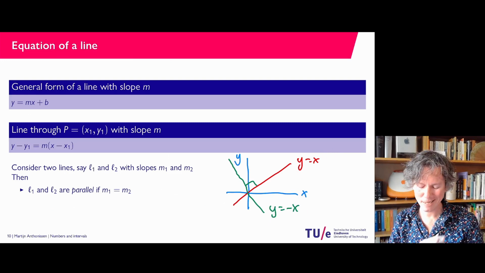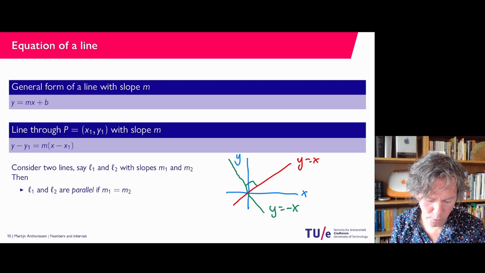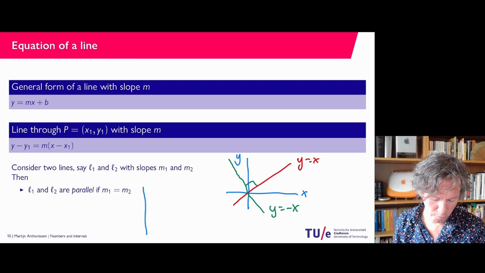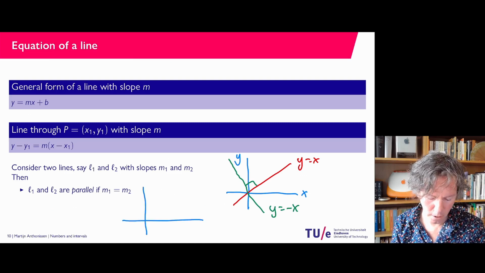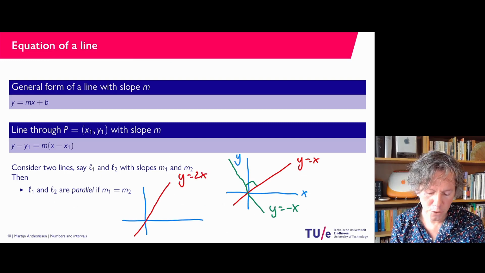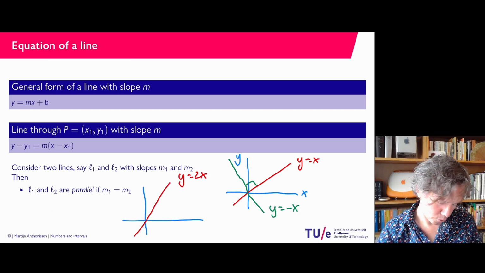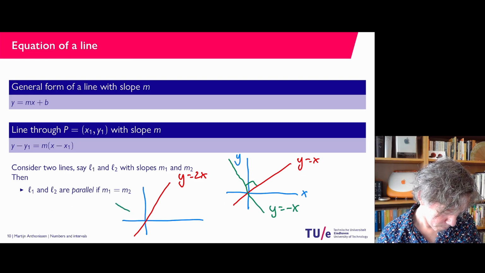That is not true, because if we look at the example, it's always easy to have simple examples. So if we look at the line, say that this is the line y equals 2x, then you see that the line that is perpendicular to that starts going a little bit like this, right?